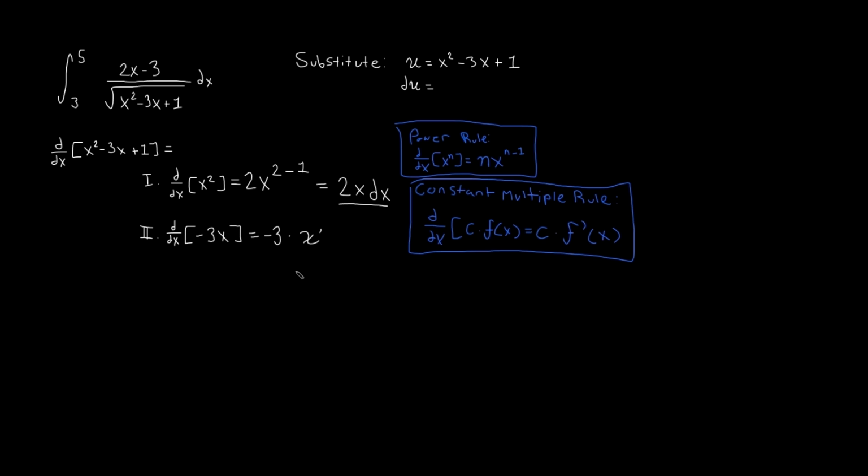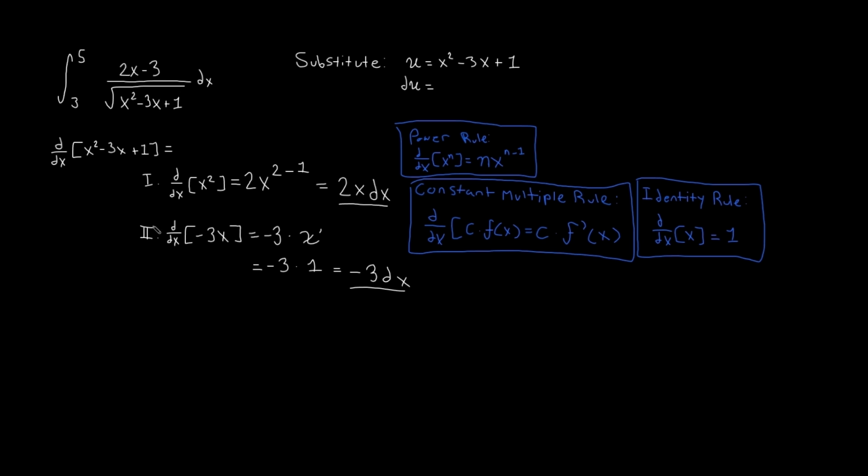To take the derivative of x, we'll apply the identity rule for derivatives. Remember, the derivative of any variable by itself is always going to be 1. As it turns out, this is going to become negative 3 times 1, which is just negative 3, or negative 3 dx if you will.